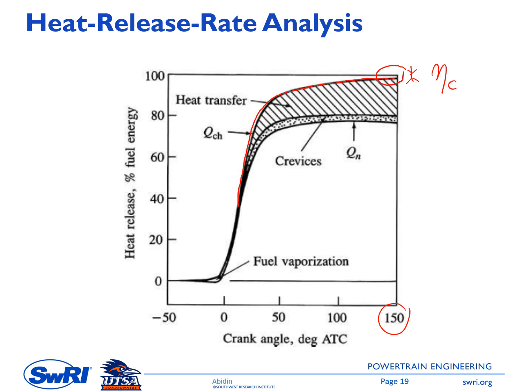There will be some unburned fuel at the end of the expansion stroke, and this unburned fuel might go out of the engine as unburned hydrocarbon emission, or it might burn later in the exhaust process and in the exhaust system.